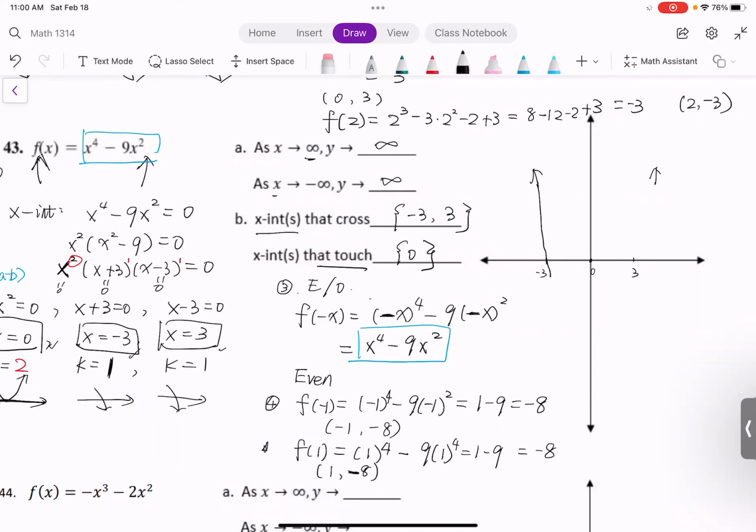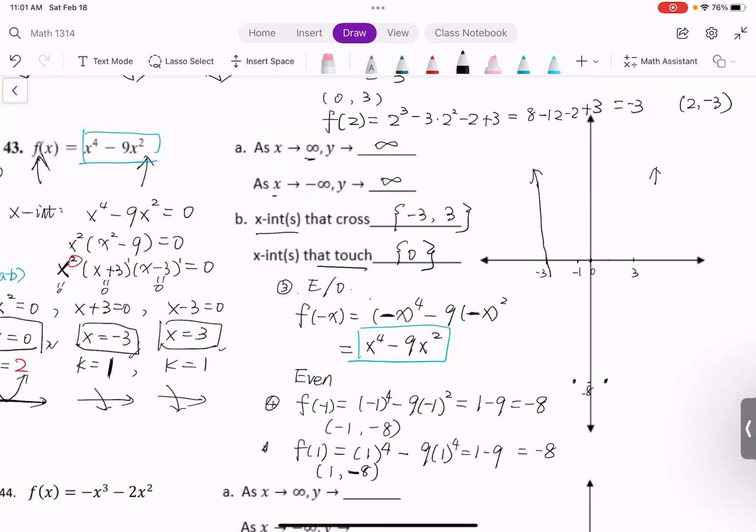At 0, we touch and bounce off. Then at 3, we go cross. But we still need to plot the two additional points: (-1, -8) and (1, -8).